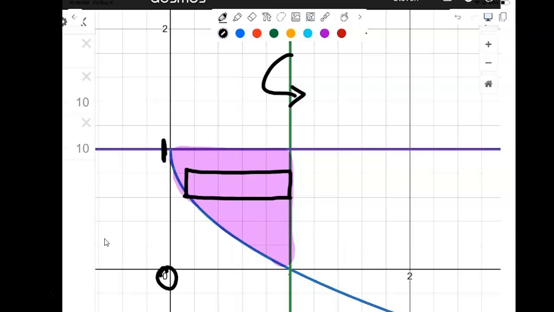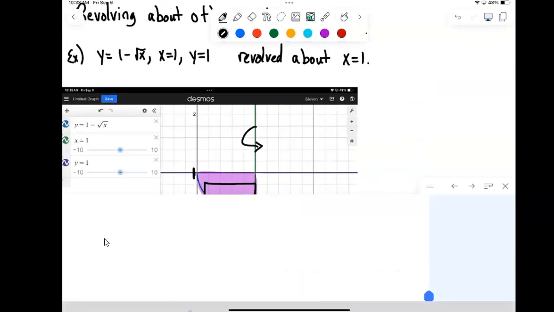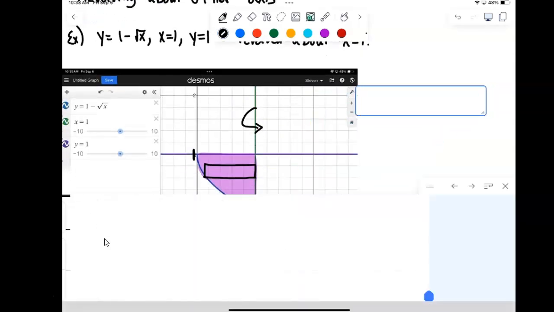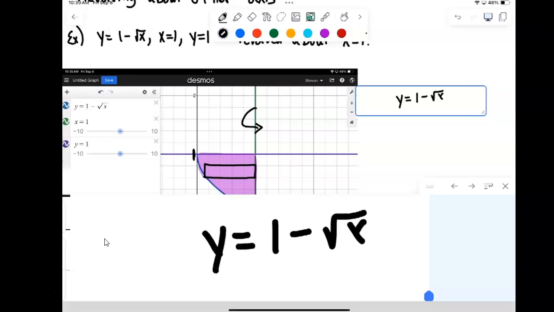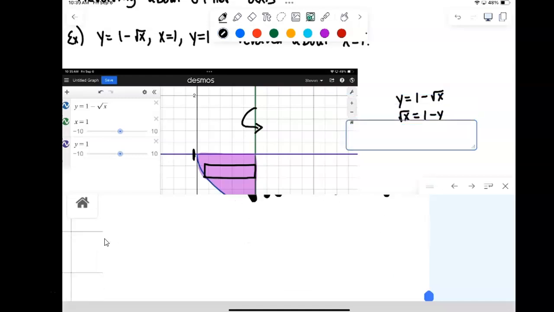So first thing I'm going to have to do is take that graph y equals 1 minus square root of x, and I need to convert that over as a function of y. So we do that. y equals 1 minus square root of x. Bring the square root over, flip-flop it with the y. Square root of x equals 1 minus y.